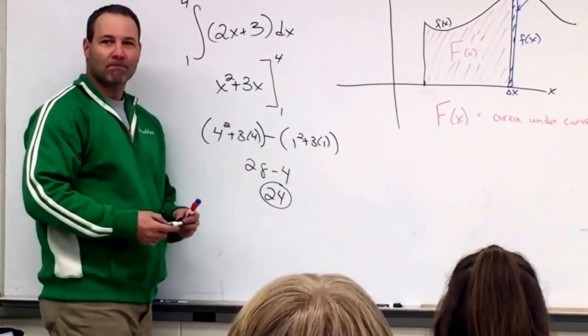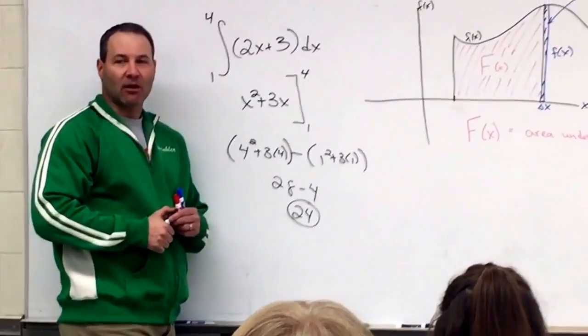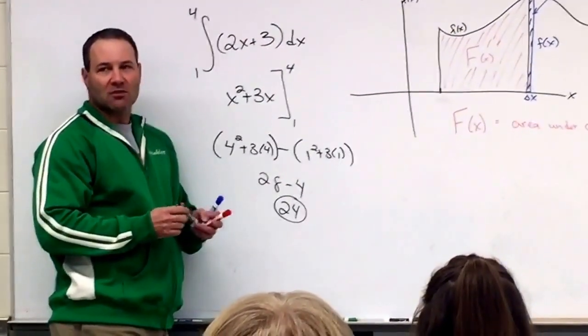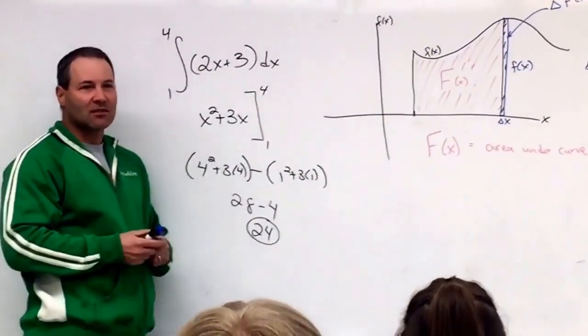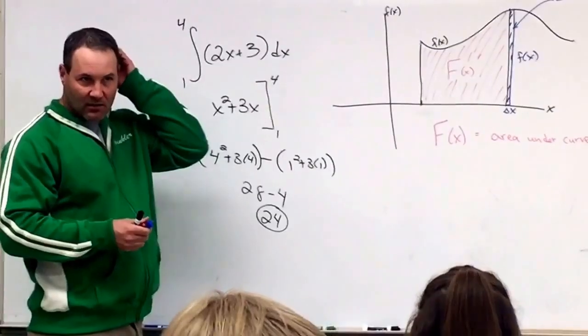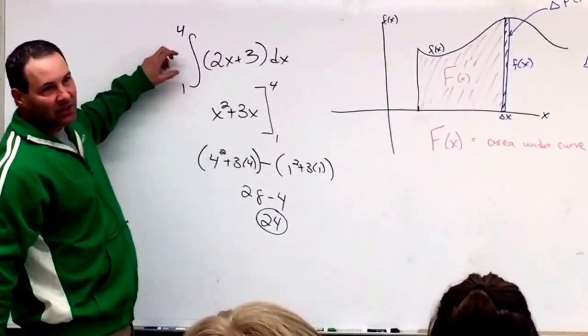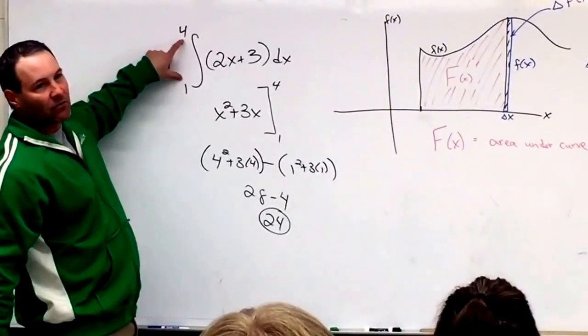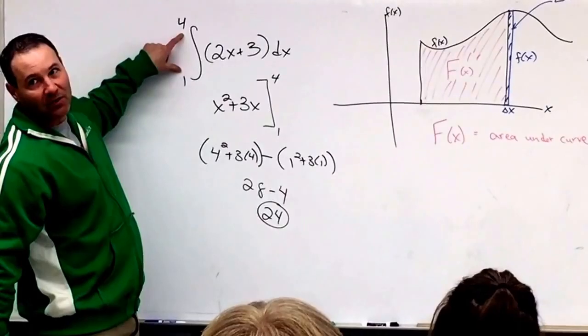Why don't you have to add the constant c in? I'll talk more about that tomorrow; it's in your notes. But the short answer is, this is called a definite integral, and definite integrals have boundaries of integration. If you have a definite integral, you do not add a plus c.